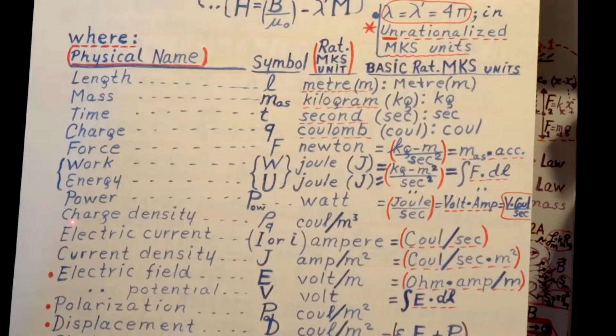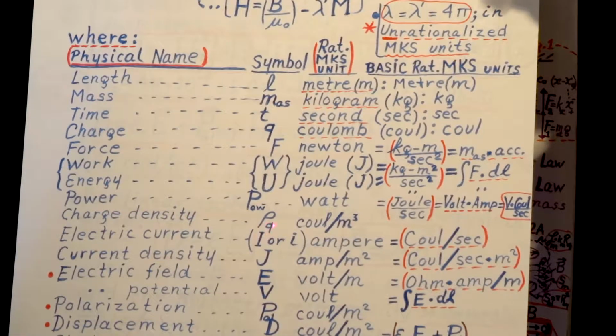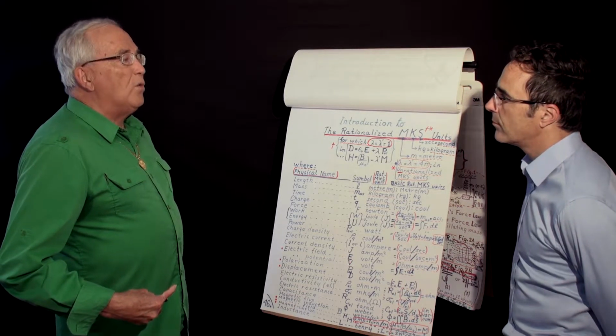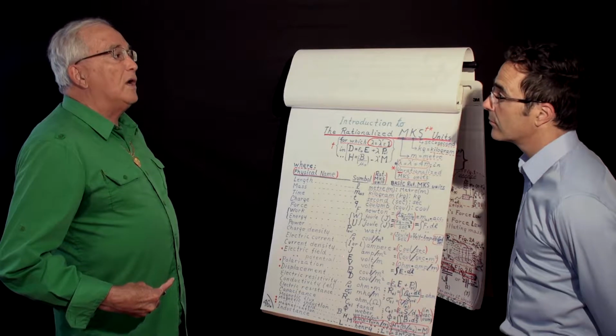Okay. Then you have power in watt, charge density, rho Q because it's charge density, Q for charge, electric current, I or small r, current density, J in English, electric field, E. Einstein often uses his equation, the most well-known equation in science, E equals mc squared.